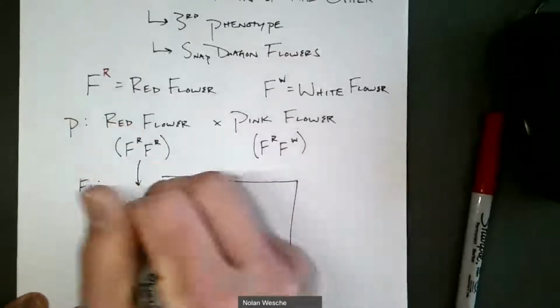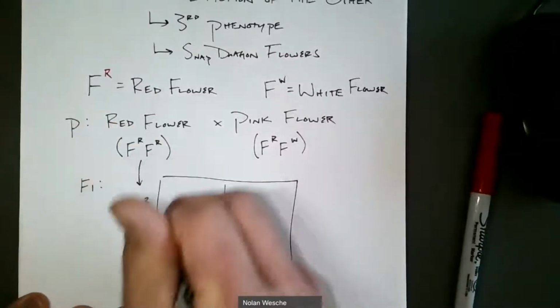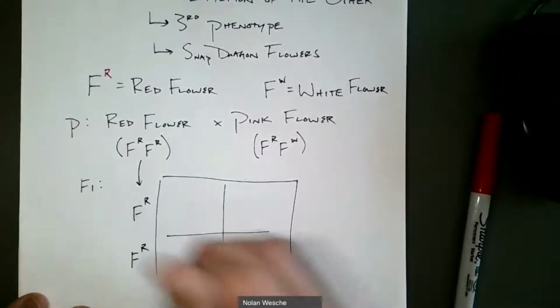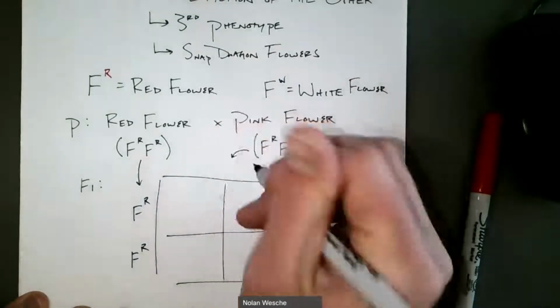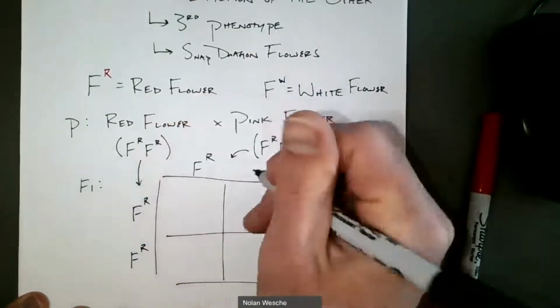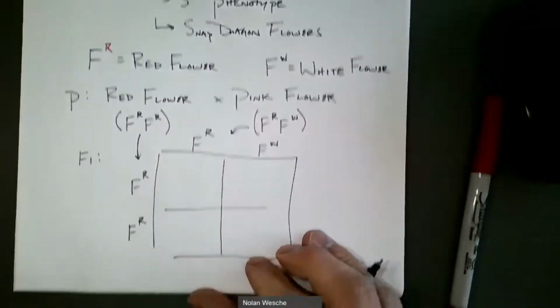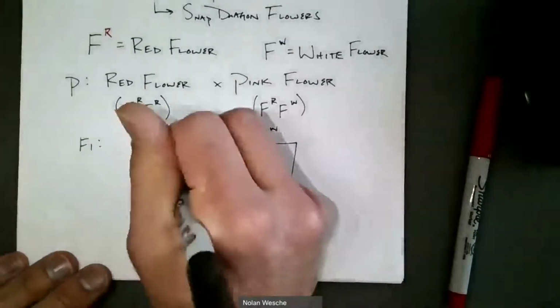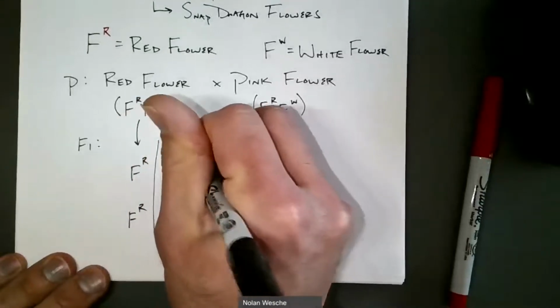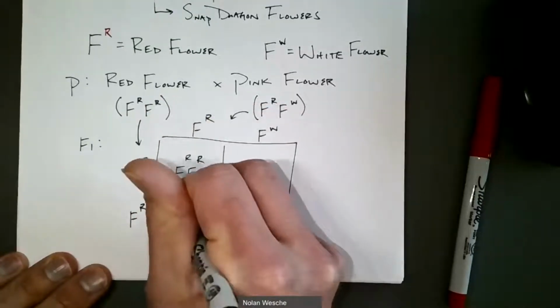We put one parent on this side, and the superscripted letters need to stay with the alleles. We'll put the other parent up top, just like that, and then we fill in the box.